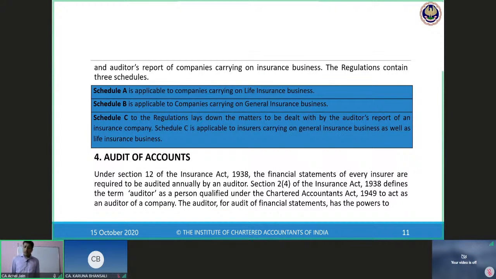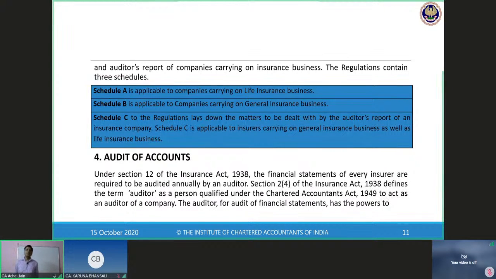For the life insurance business, Schedule A will become applicable in relation to the financial statements. For general insurance business, Schedule B will become applicable. Schedule C to the regulation lays down the matters to be dealt with by the auditor's report of an insurance company.